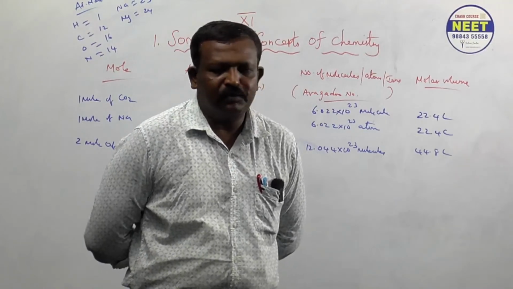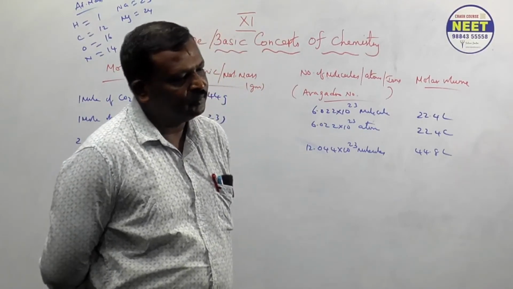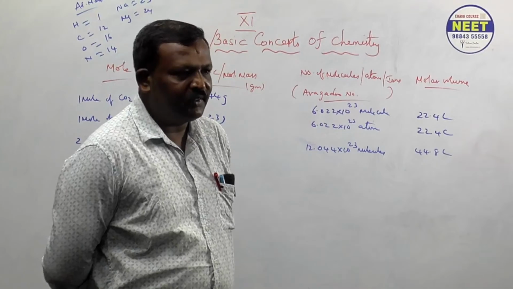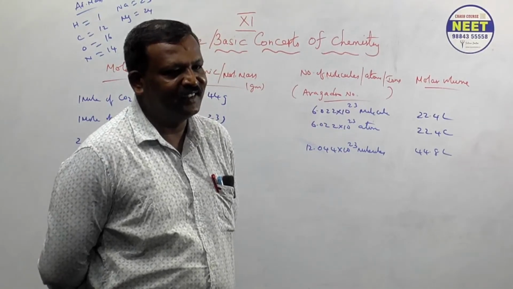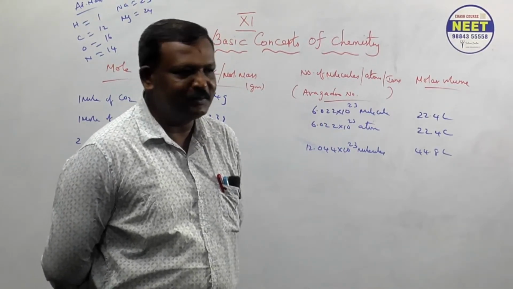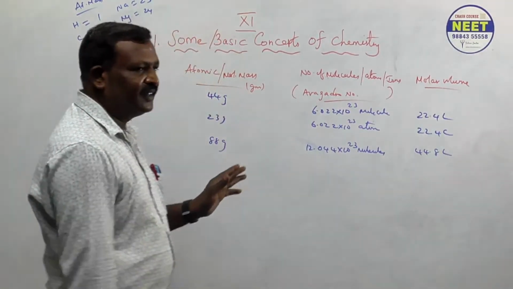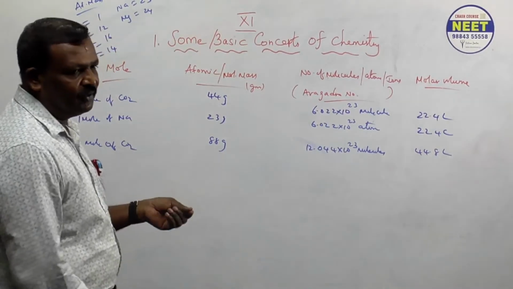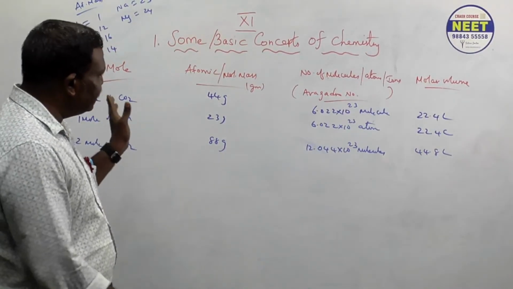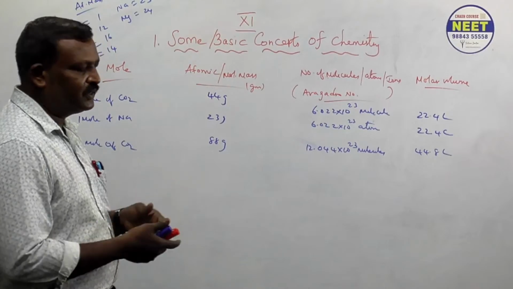We have a formula, but I am not going to give any formula. The formula is mass by molar mass. This is the formula. But you follow this method. 5 or 6 formulas you have to memorize. But very simple. If you know 1 mole, we can solve the question.